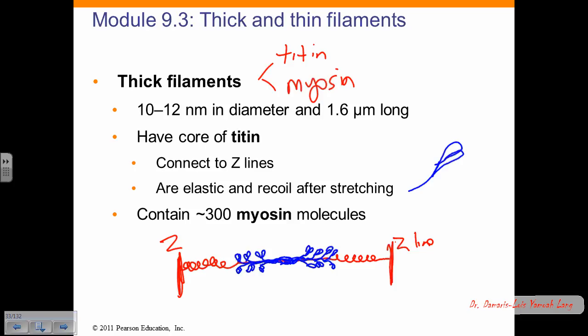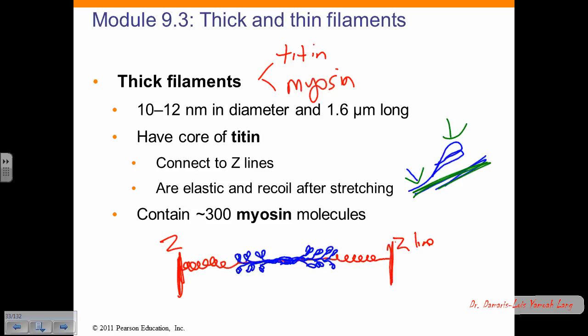Yeah, so this is the whole myosin molecule, right? This is the tail, and this is the head. So the tail wraps around the titin, and the heads are hanging out in both directions.